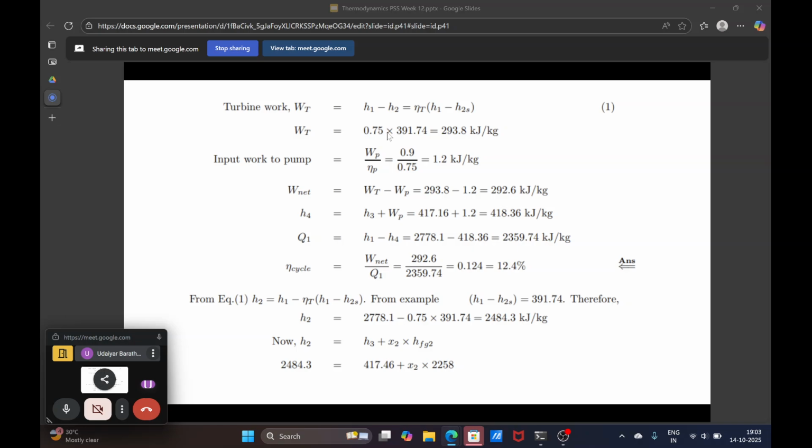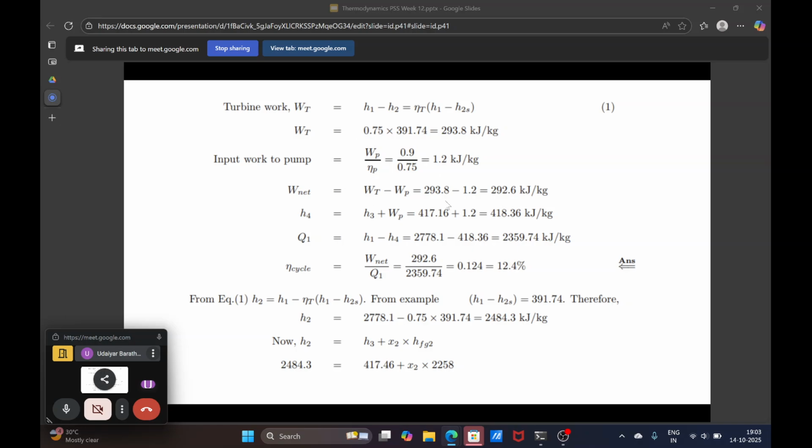So the input work is WP by efficiency of the pump. So 0.9 by 0.75 gives you 1.2 kilojoule per kg. The net work is your WT minus WP, which is 293.8 minus 1.2, which gives you 292.6 kilojoule per kg.